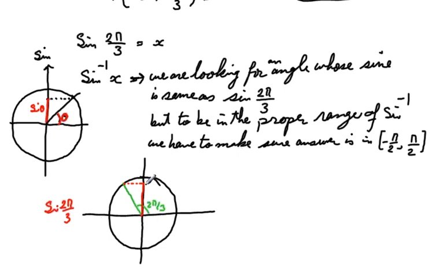Now I ask, what is the sine inverse of this? The trick now is that whatever answer you give, it has to be something that is in quadrant 4 or 1, in this range from minus pi over 2 to pi over 2, whose sine agrees with the sine of the angle you just gave. So you gave me 120 degrees.